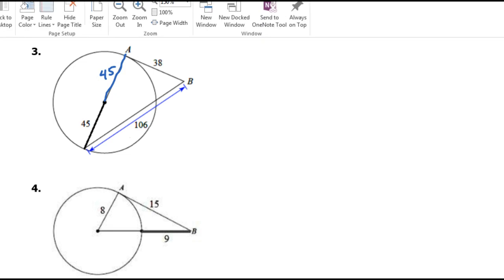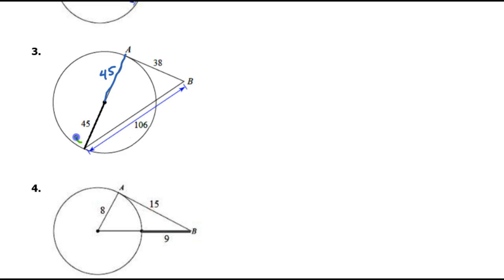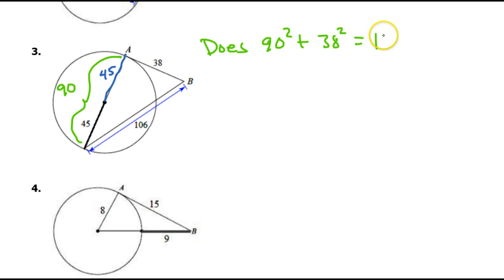And that means that the diameter, this whole side of the triangle, must be 90. Okay, so that's what we're going to check out. So the question is, does a squared plus b squared equal c squared?